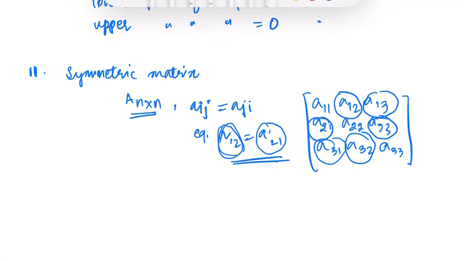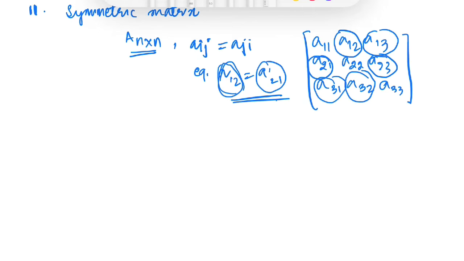Moving on, if we have a square matrix, how do we know if it is symmetric or not? It can be symmetric. How do we know if it is symmetric, and how do we know if it's skew symmetric?